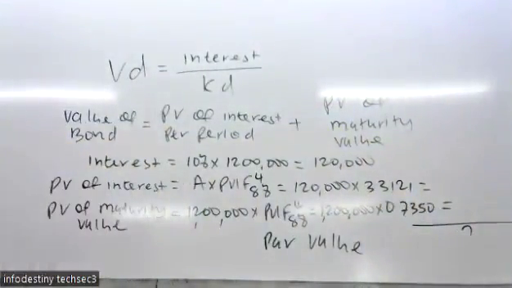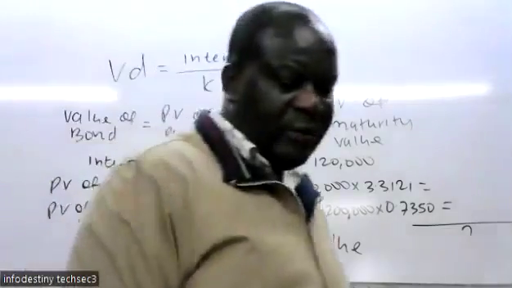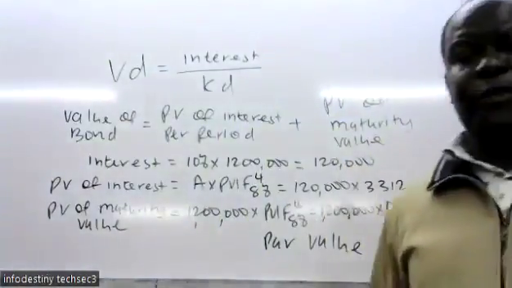So unless otherwise stated, the maturity value will be the same as the par value. That's what I've done in this particular question.